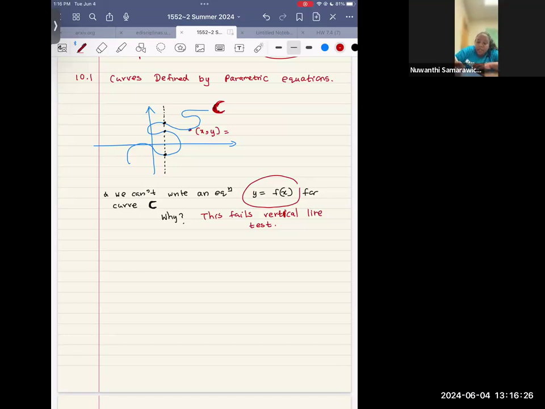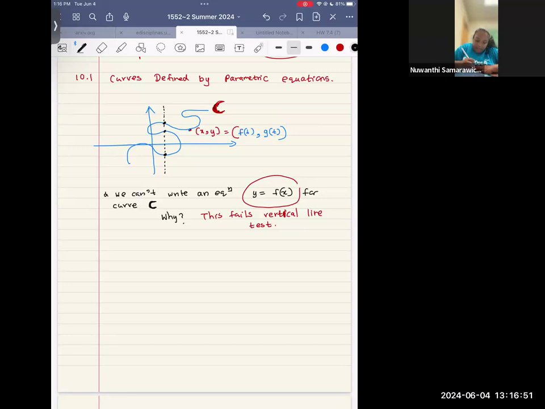So we can write each coordinate in terms of time. Let's say x is f of t, and y can be written as a function of g of t. This is called parametric equations.